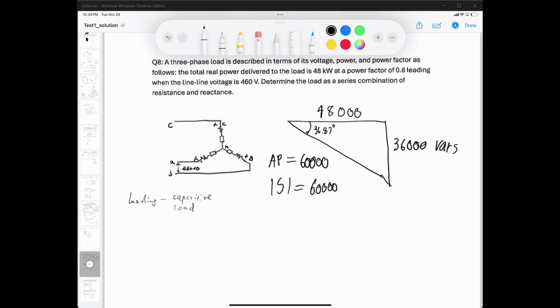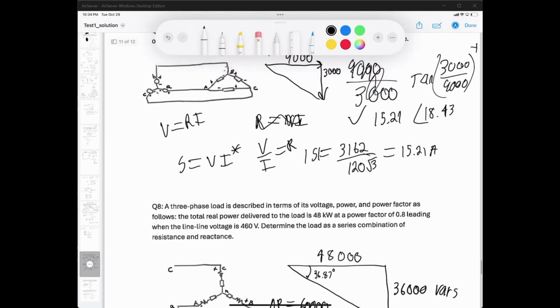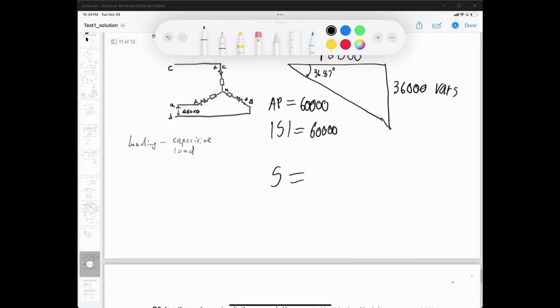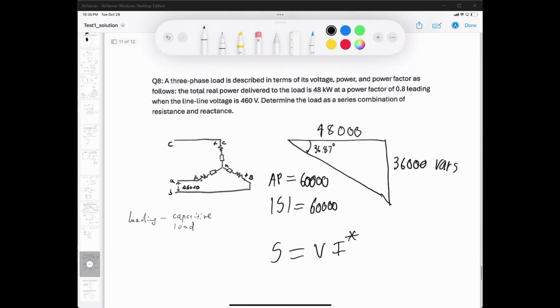Okay, so we know that S is also equal to voltage times current conjugate. All right. So we need to determine the load as a series, so we need to find the impedance of a single load. We know the line-to-line voltage is 460.